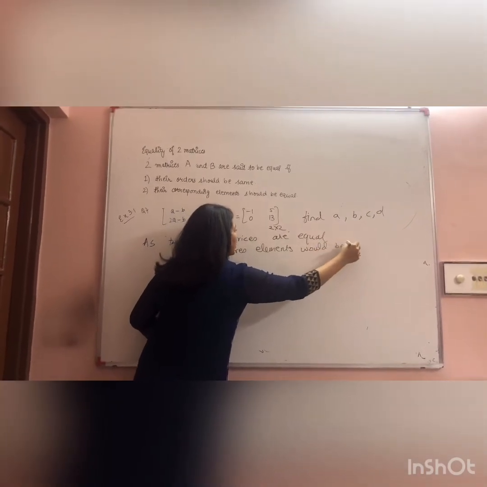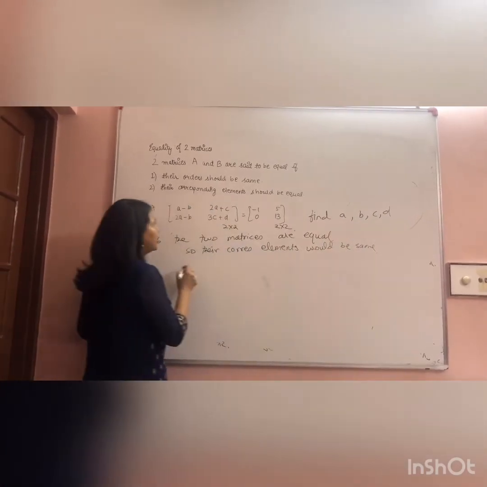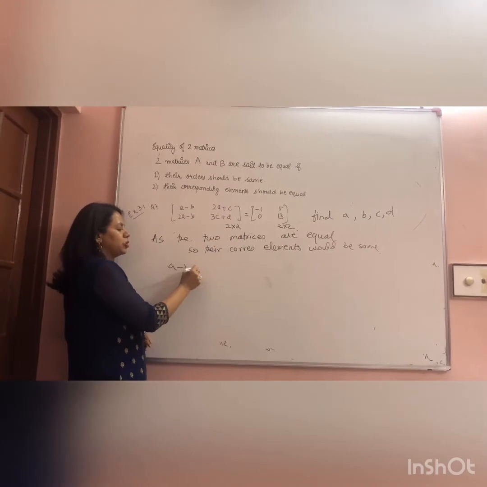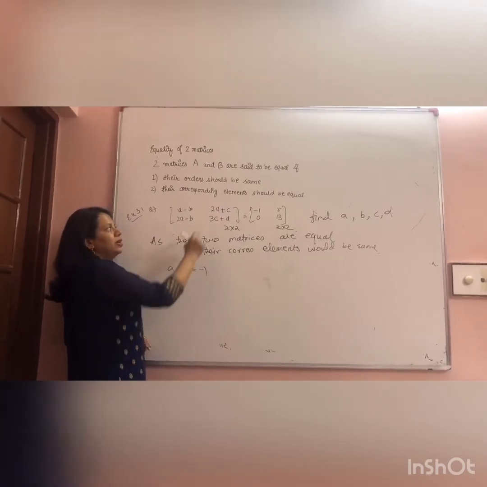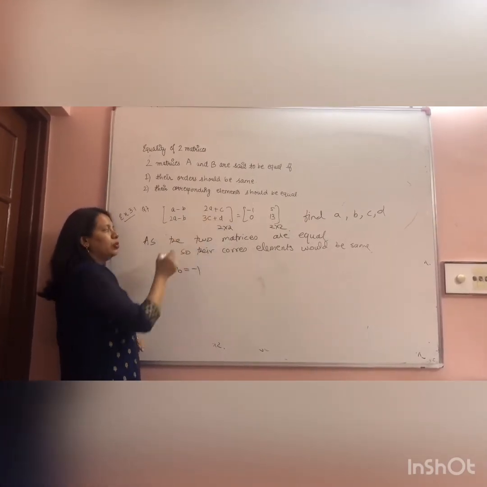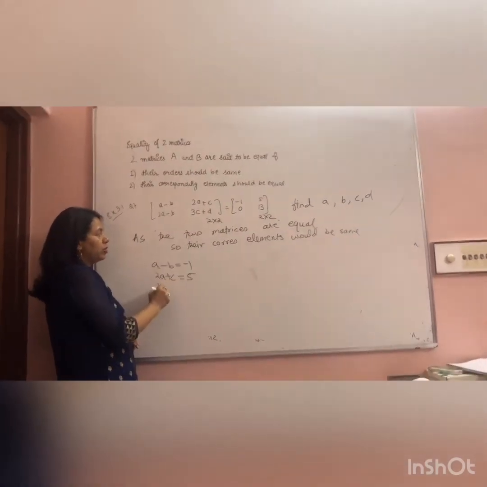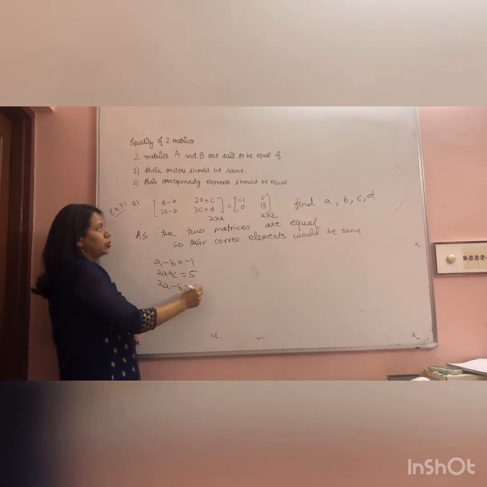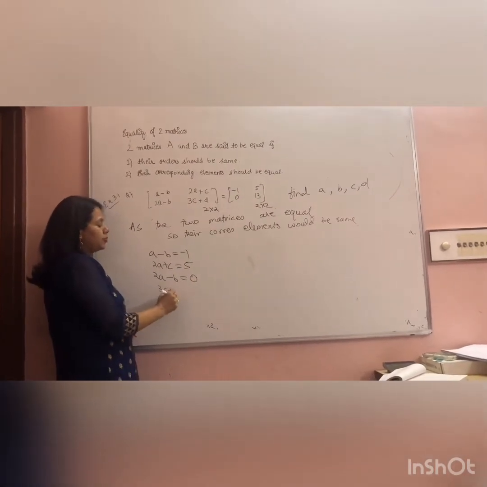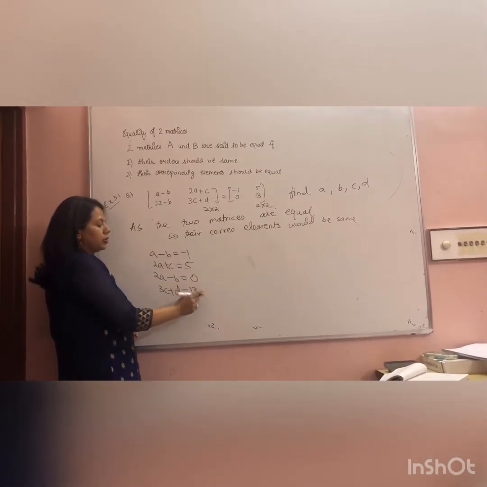So now I equate over here, A minus B should be equal to -1. Then A12 would be equal to B12. So 2A plus C would be equal to 5. 2A minus B would be equal to 0. And 3C plus D would be equal to 13.